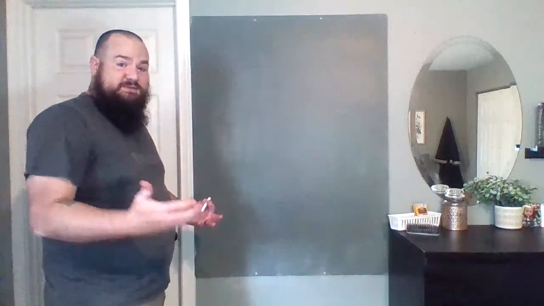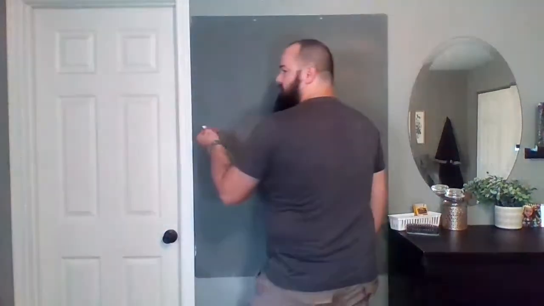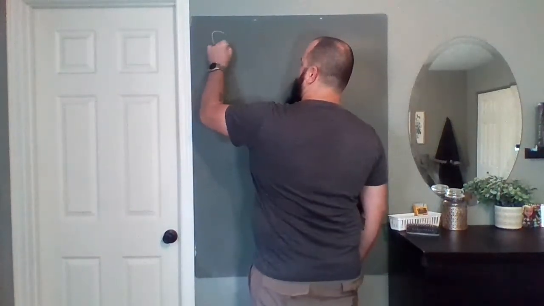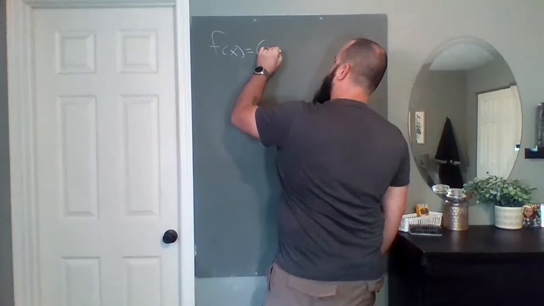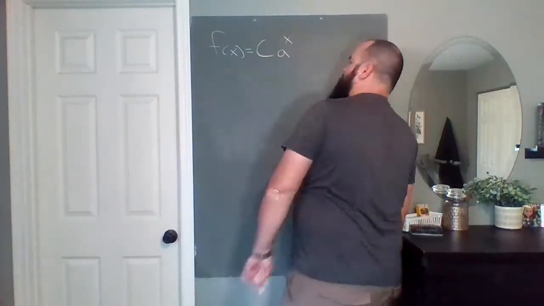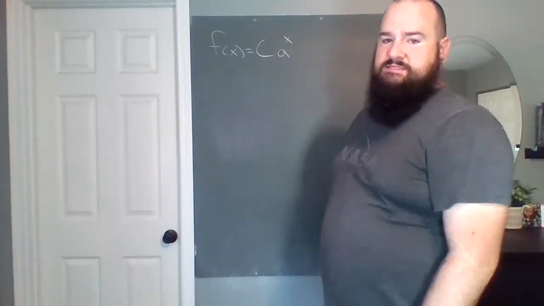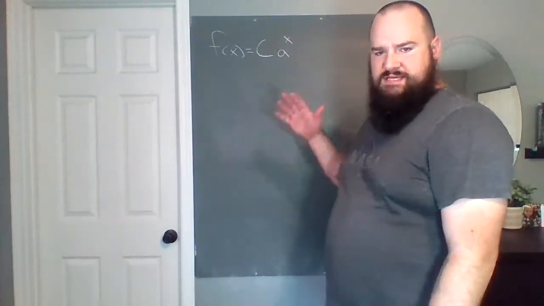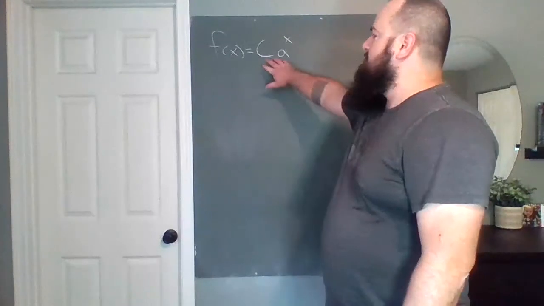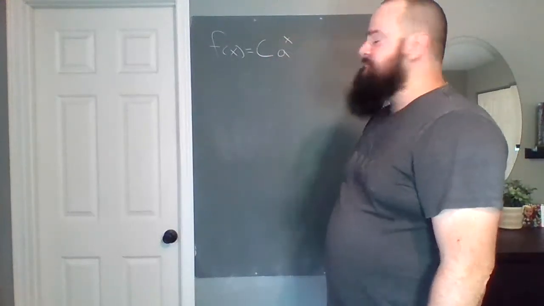So, what is an exponential function? Well, the general form of an exponential function looks like this. C times a to the x. Now, you may have done it in the past where it's like a times b to the x or whatever, but c times a to the x is the variables we use.